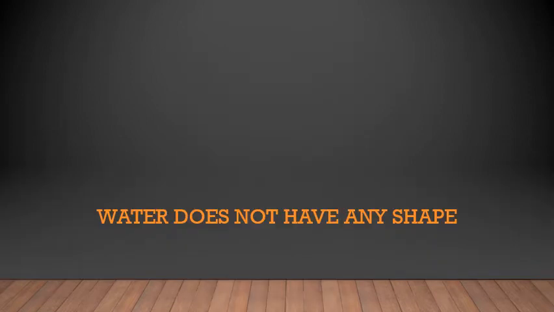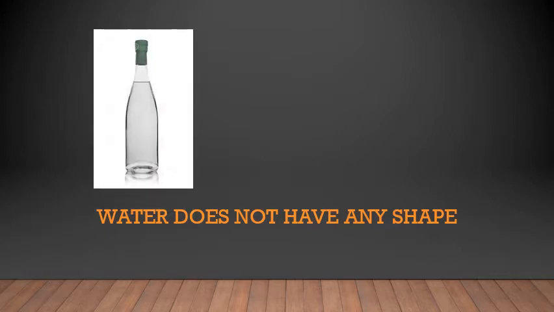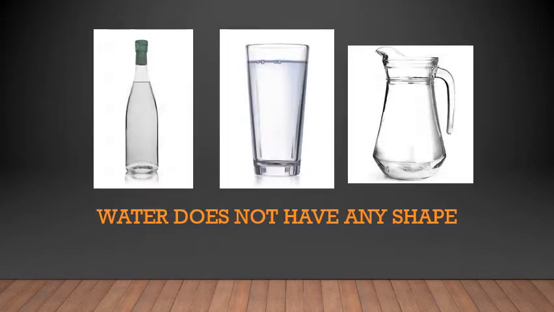So, the next property is water does not have any shape. Now, here are three images of water in a water bottle, water in a glass, water in a jug. All these three have water in them, but is the shape of the water the same? No. The shape of the water is the same as the container. If you pour water into a small vessel, it takes the shape of the small vessel.